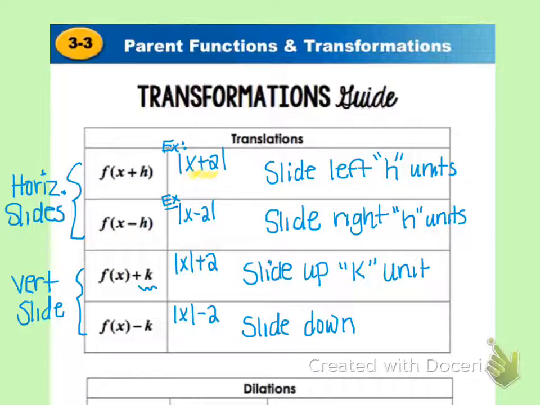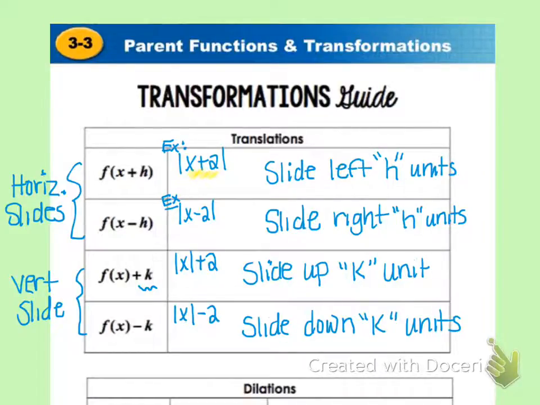So in this case, it's a slide down. So the y is telling us the truth, and it would slide down whatever that k value is, units. And so the vertical slides behave exactly as we'd anticipate, and the horizontal will go in the opposite direction that we might think. So that covers the slides, left and right, up and down.